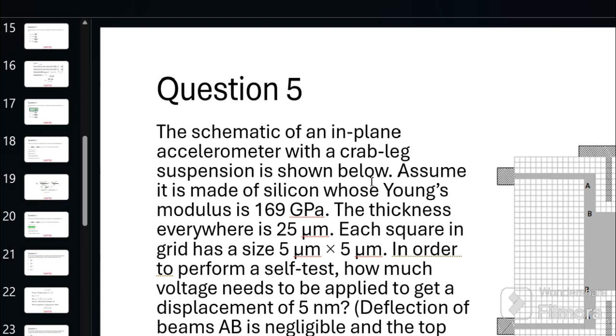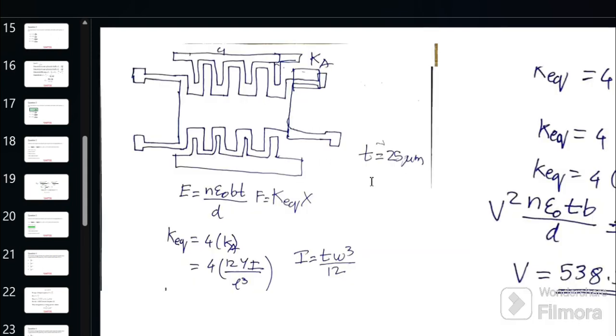What should be the voltage applied to achieve a displacement of 5 nanometer? Here we are solving it. Basically we find the stiffness of one leg, then we find the equivalent stiffness of the entire system, and then we equate the electrostatic force and the mechanical force. We just equate them, and then we get the voltage value as 538 volts.